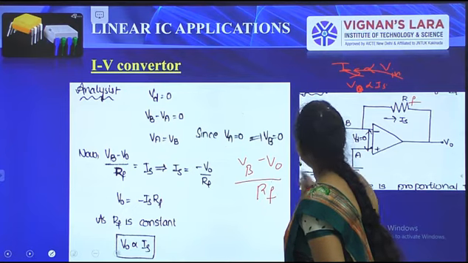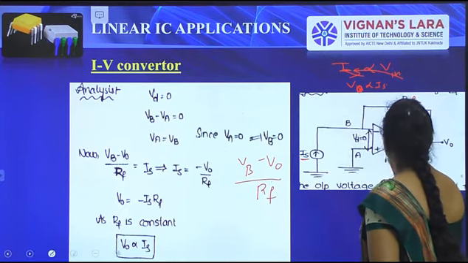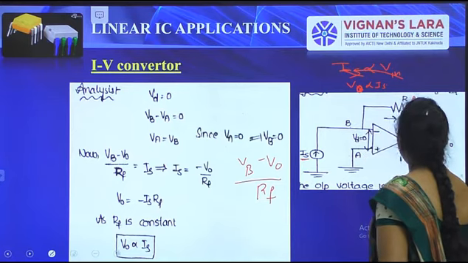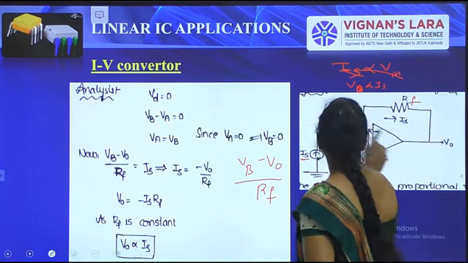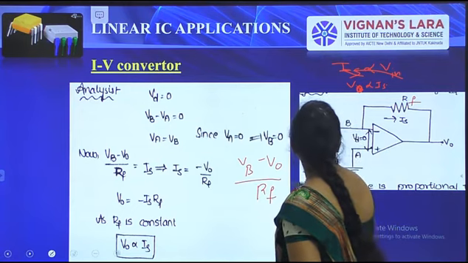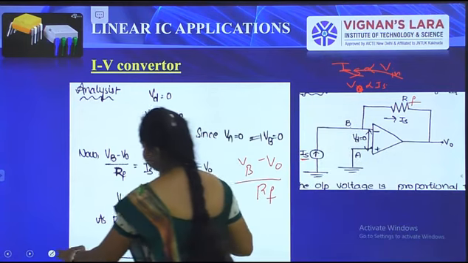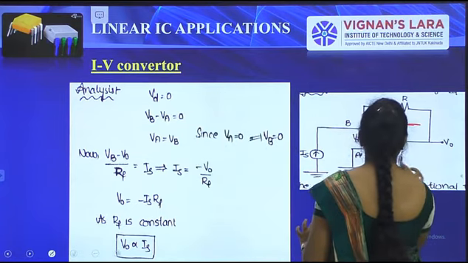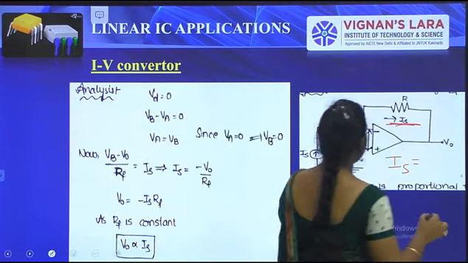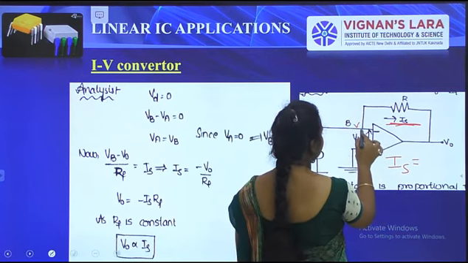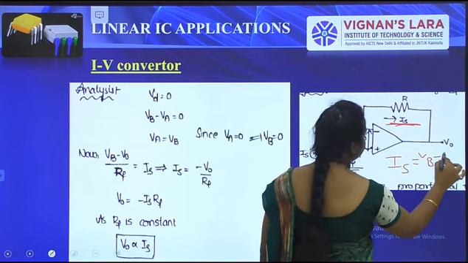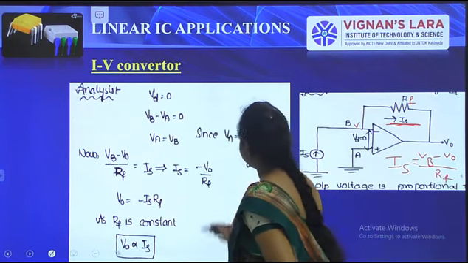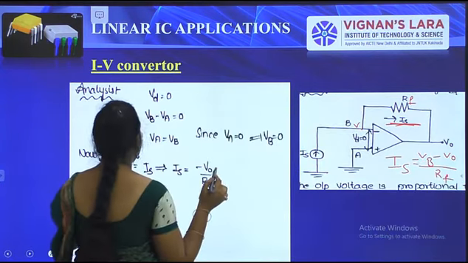Here we apply nodal analysis. IS is equal to the voltage across this, VB minus V0 by RF. Then in terms of IS, VB is 0.